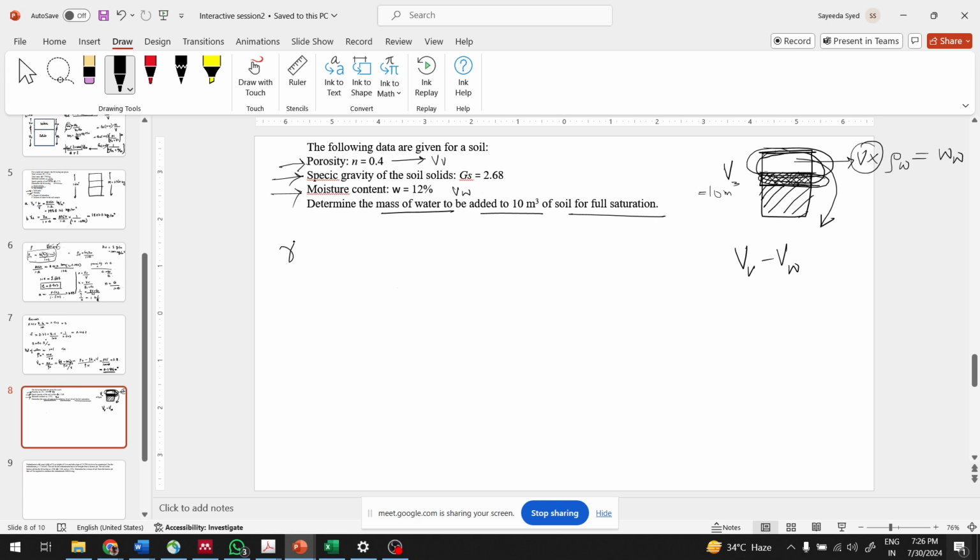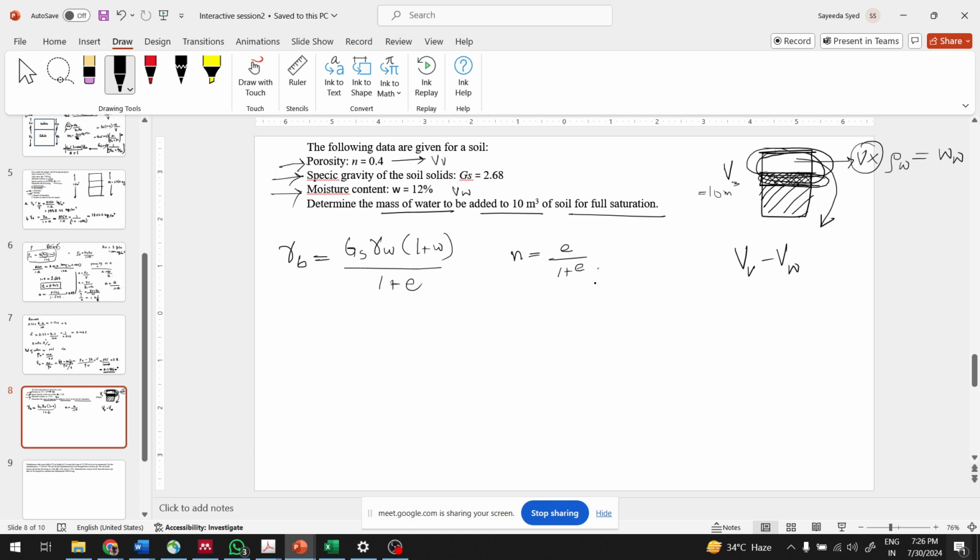So we know gamma B equals Gs gamma W (1 plus w) divided by (1 plus e). And from e, we can calculate the porosity, n equals e over (1 plus e).